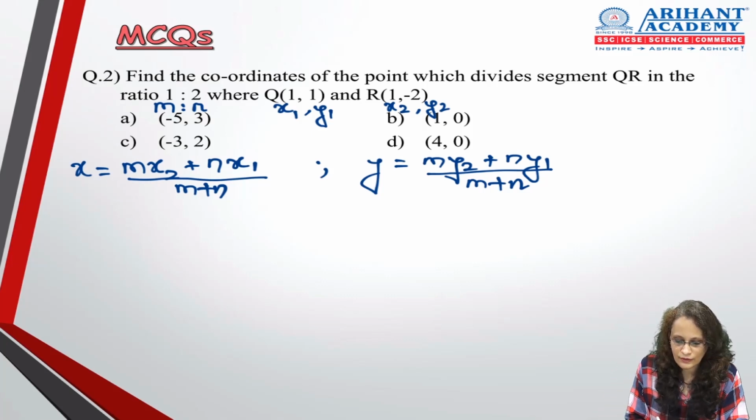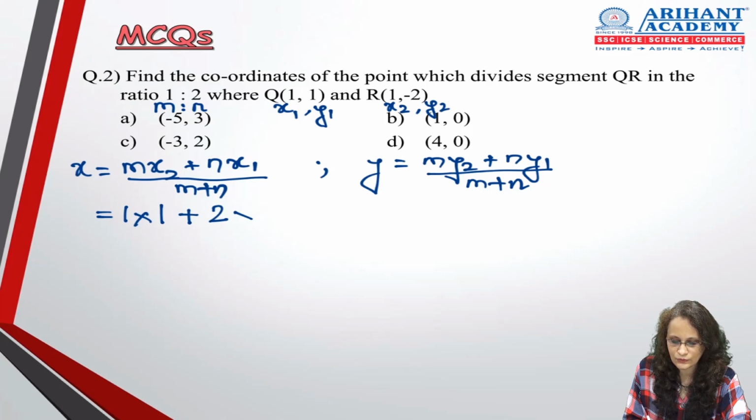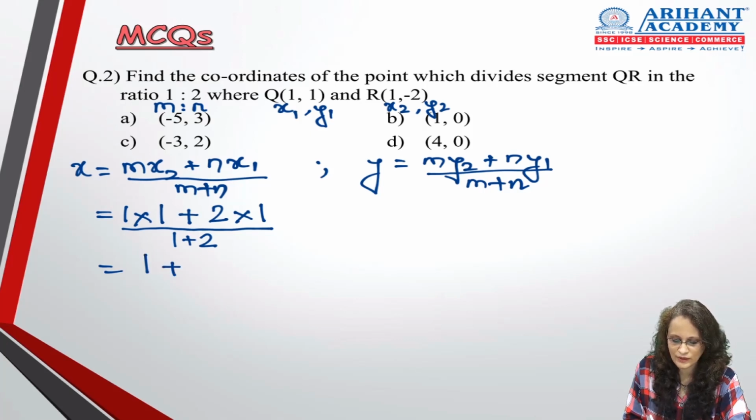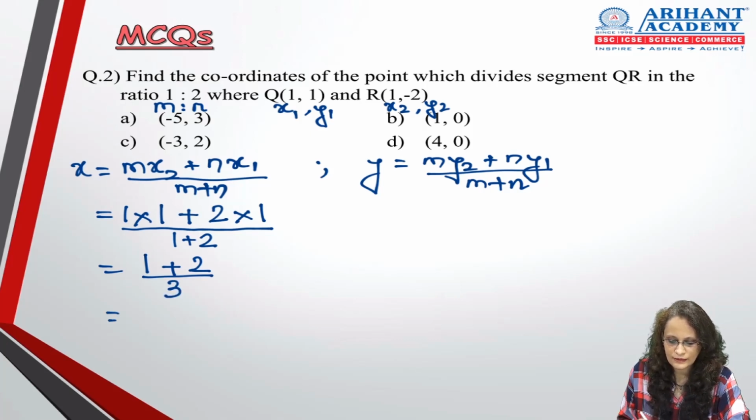Alright, so m we know is 1 into x2 is 1 plus n, which is 2, into x1 is 1, upon m plus n, which will be 1 plus 2. It is direct substitution, nothing to worry at all. Okay, so 1 ones are 1 plus 2 ones are 2 upon 1 plus 2 is 3. Now 1 plus 2 in the numerator will again give you a 3 upon 3.